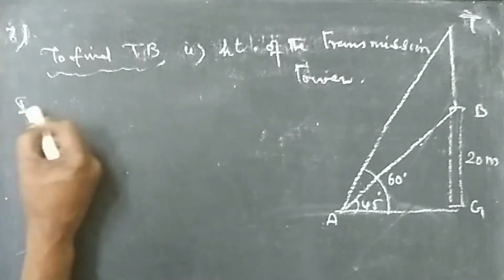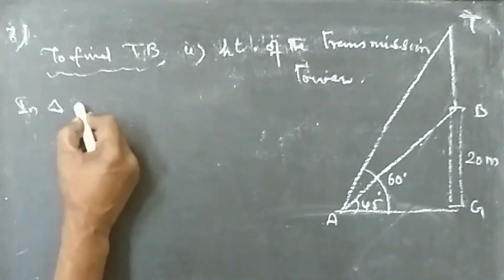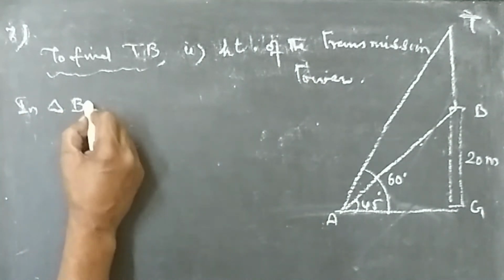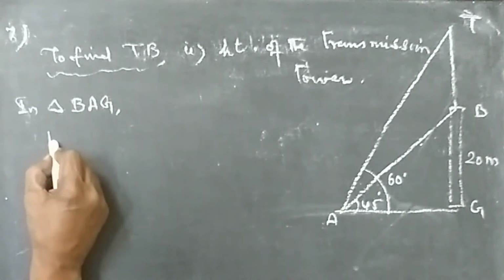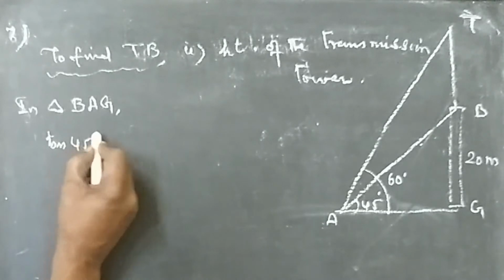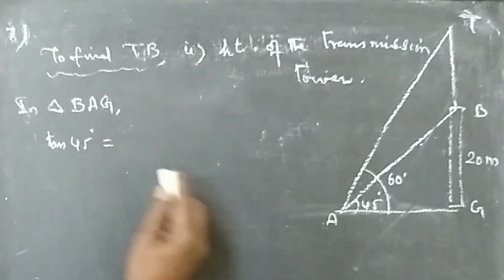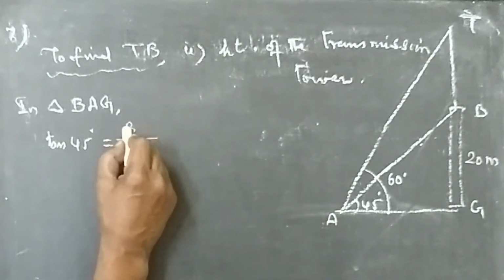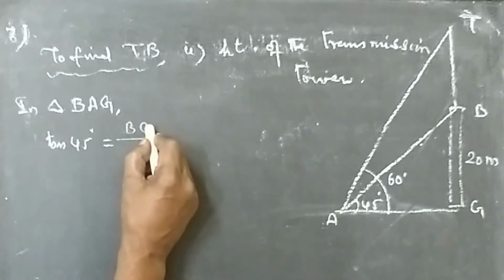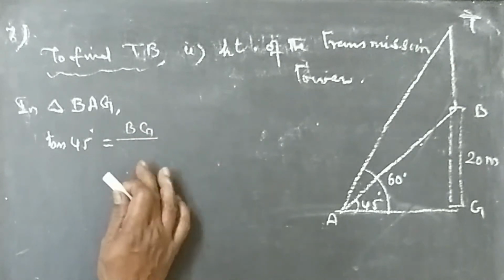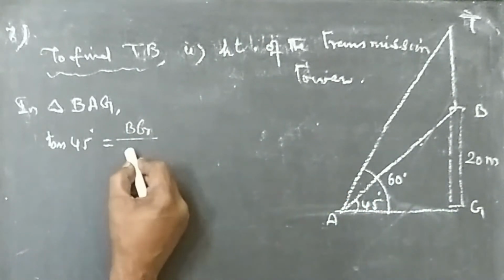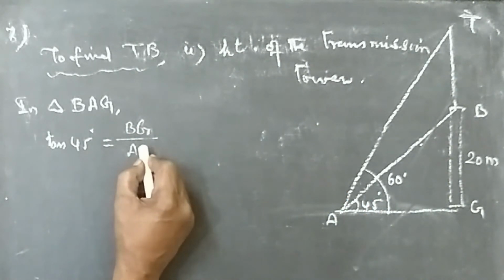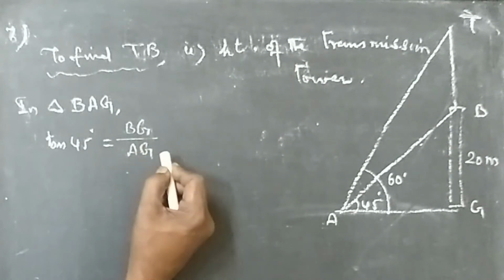In triangle BAG, tan 45 is equal to the opposite side by the adjacent.